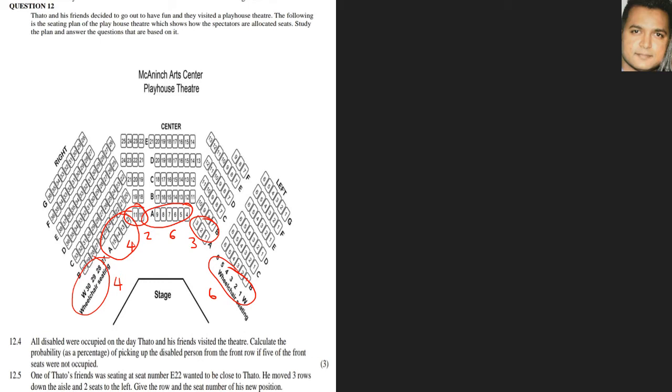So if we add these seats up, we'll have 4 plus 4 plus 2 plus 6 plus 3 plus 6, which will give us a total of 25.